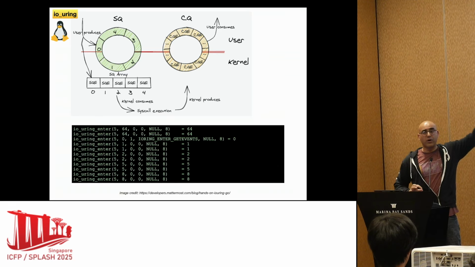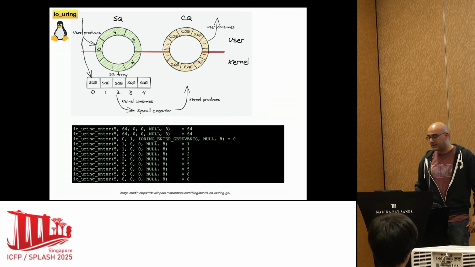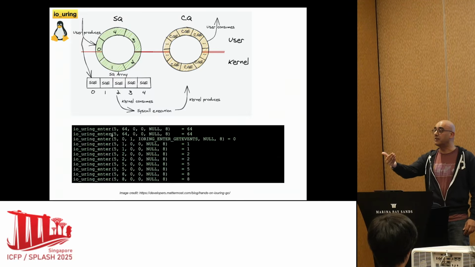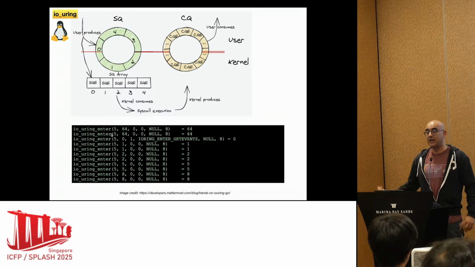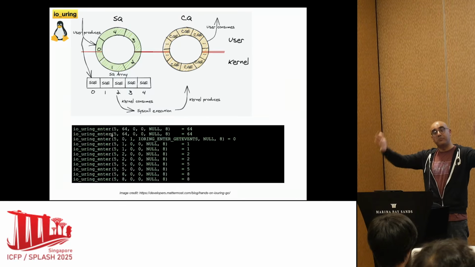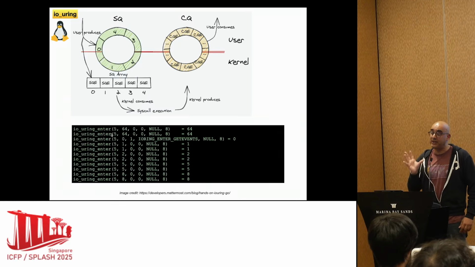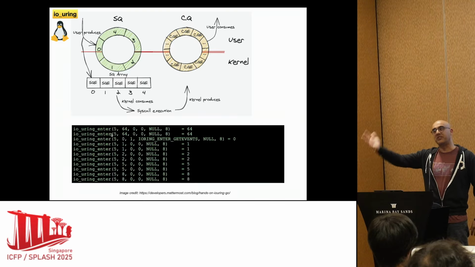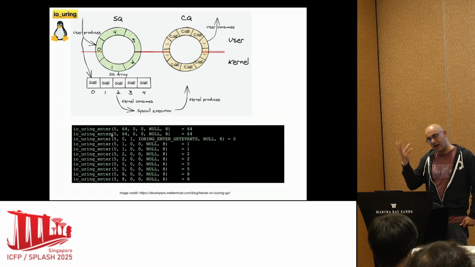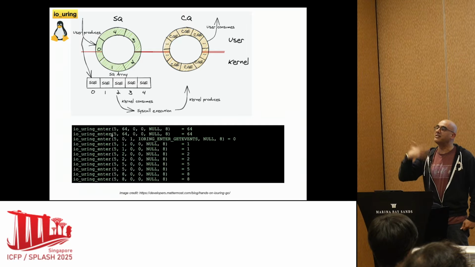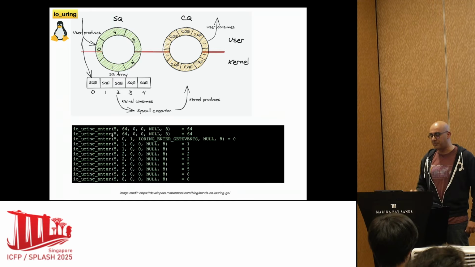This is for a bunch of parallel requests, and the only thing I need to do into the kernel from a syscall perspective is call one thing called io_uring_enter, a signal that there is something in the ring. Later on, if people are just pushing things to the ring, I don't even need to do this syscall, because the kernel will note that there are unconsumed requests and will continue to poll, and it will stop polling at some point. Whenever I see that the ring is empty, I just give it a prod to wake up again, and that's it.